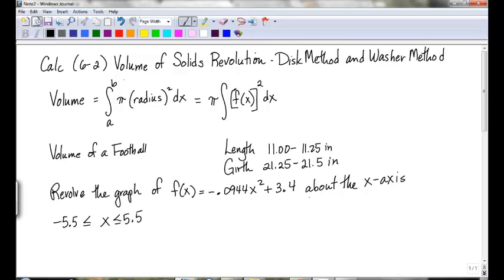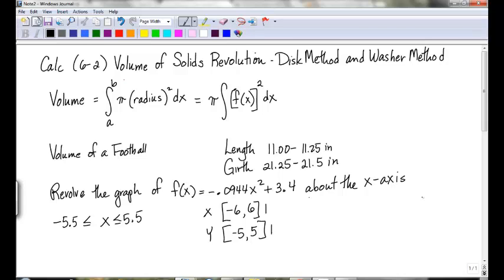Now I'm going to give you a window. If you were doing this on your own, you would experiment with it until you get it to show up in a good window. I'm picking the window for you. For x, let's go negative 6 to 6, scale 1. For y, let's go negative 5 to 5, scale 1. First let's graph that and get a good window.